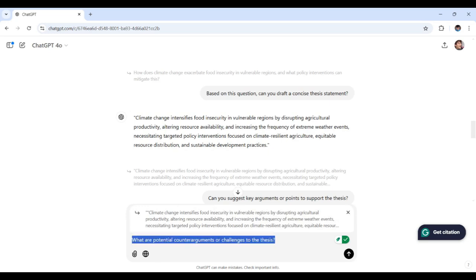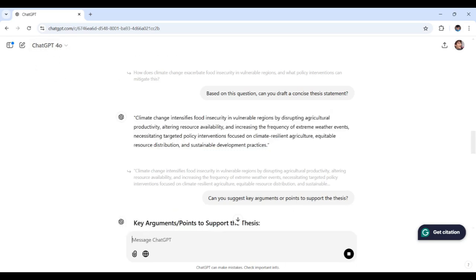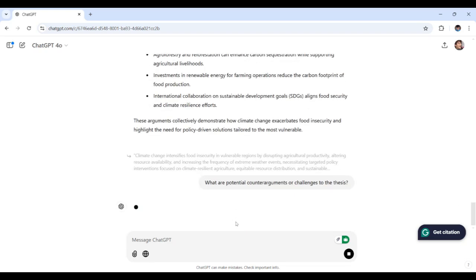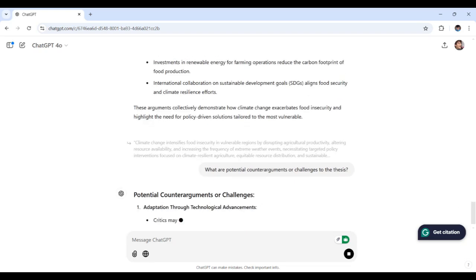Simple, right? Now, this is a step many researchers overlook, but it's critical. By addressing counterarguments, you strengthen your position and add credibility to your work. Now, let's see what ChatGPT generates for us. All right. Now let's see how it processes.